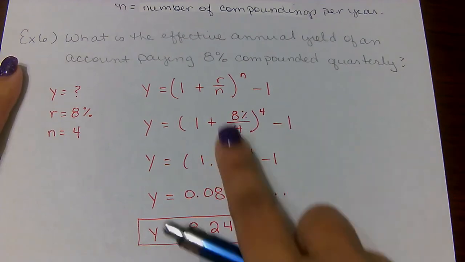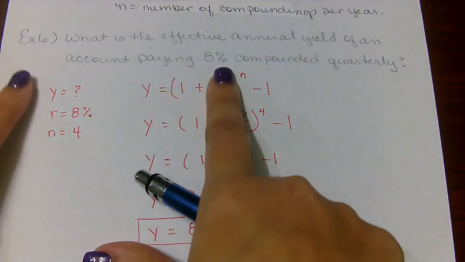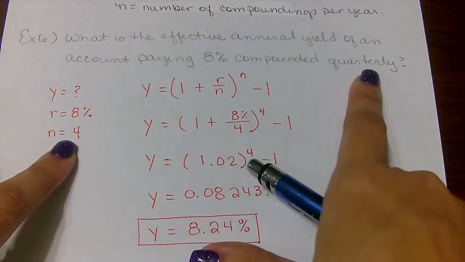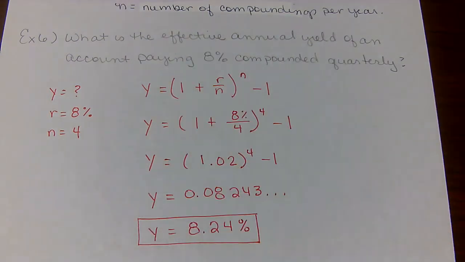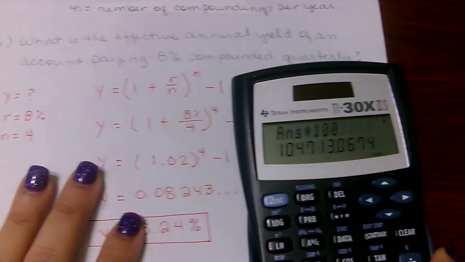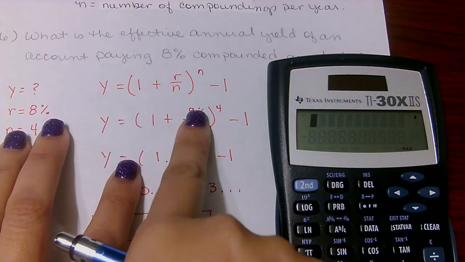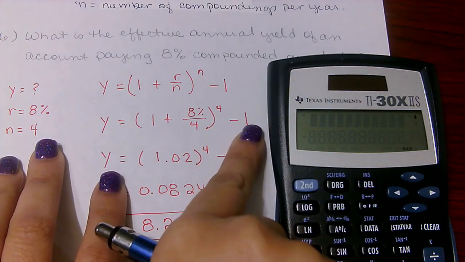Example 6 says, what is the effective annual rate of an account paying 8% compounded quarterly? Our N in this case is going to be 4 since there are 4 quarters in 1 year. Okay. Just plug in your values that you were given again. 1 plus 8% divided by 4 raised to the 4th minus 1.